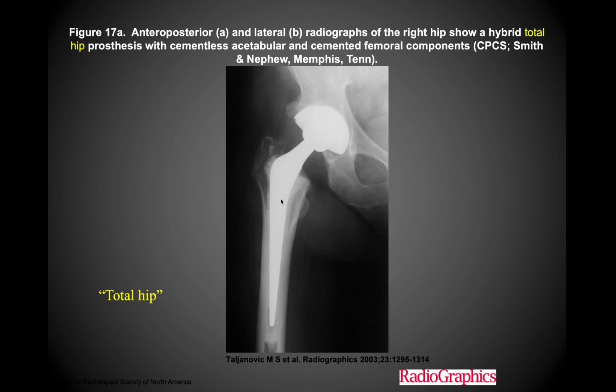And then here's the stem of the implant, which has the ball on the end of it, and so that goes into the proximal part of the femur, and then actually is placed within the medullary cavity, or the marrow cavity of the bone.